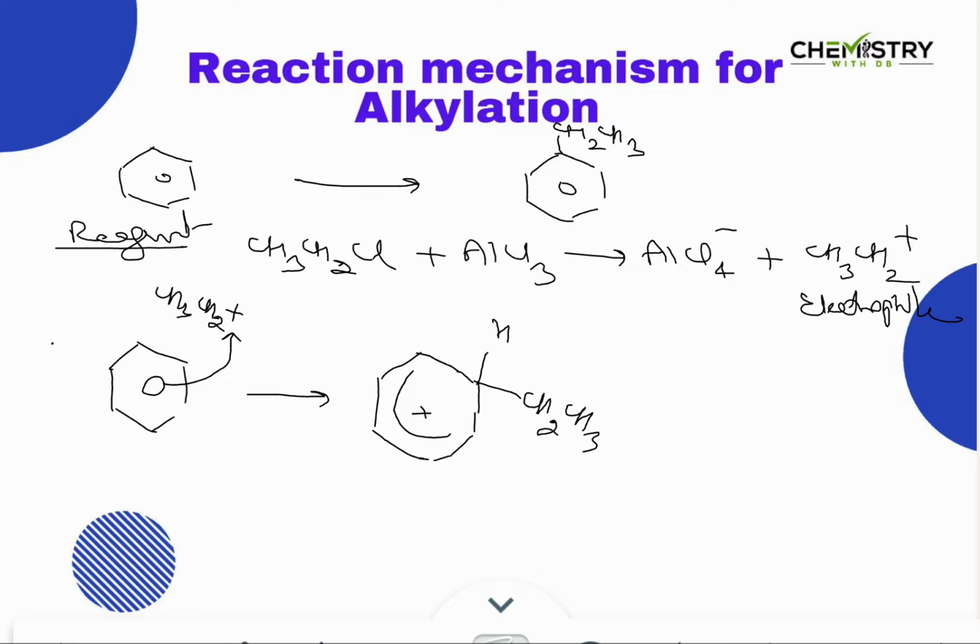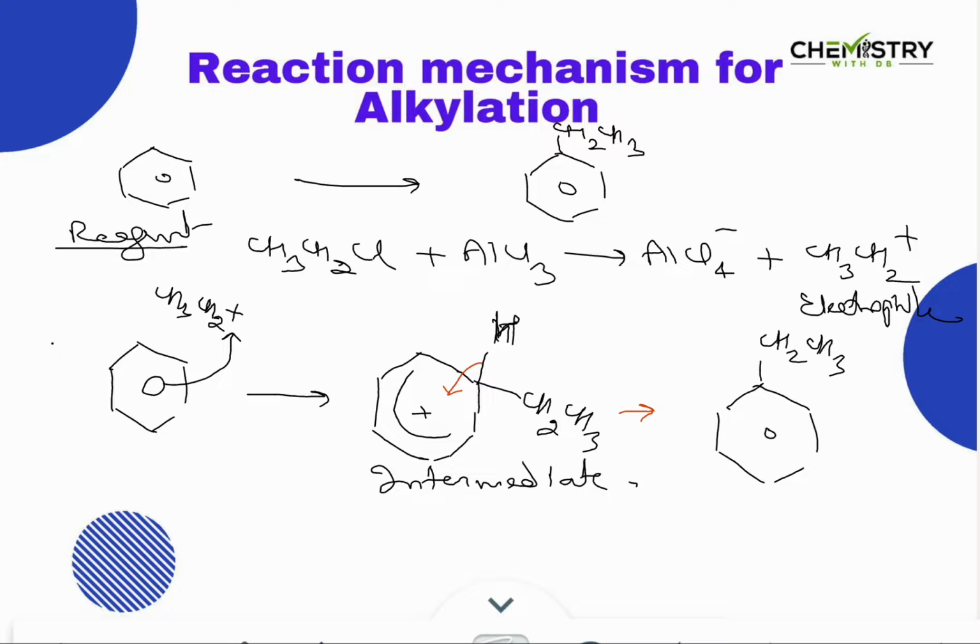Now this is an intermediate species, it's a positive ion, not stable. So to make it stable, hydrogen leaves, giving the electrons to the ring so that the ring would reform, forming ethyl benzene, and the hydrogen that has gone from here is lost as H plus.